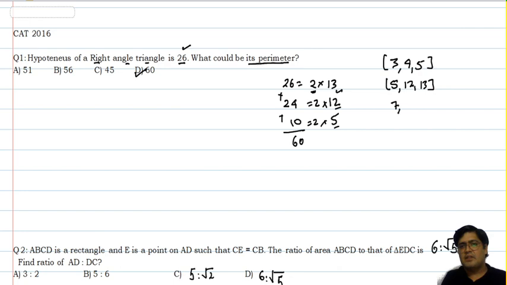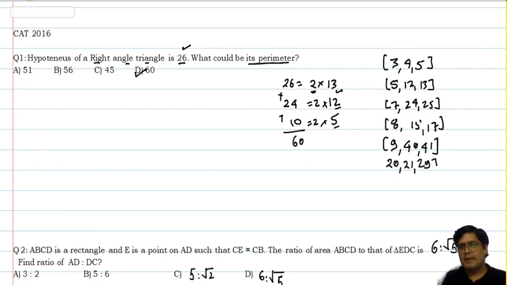Then we have 7, 24, 25, 8, 15, 17, 9, 40, 41. And if you want to go the extra mile, 20, 21, 29. Try and remember these triplets. You will keep coming across these values in aptitude tests. Let us try the next problem.